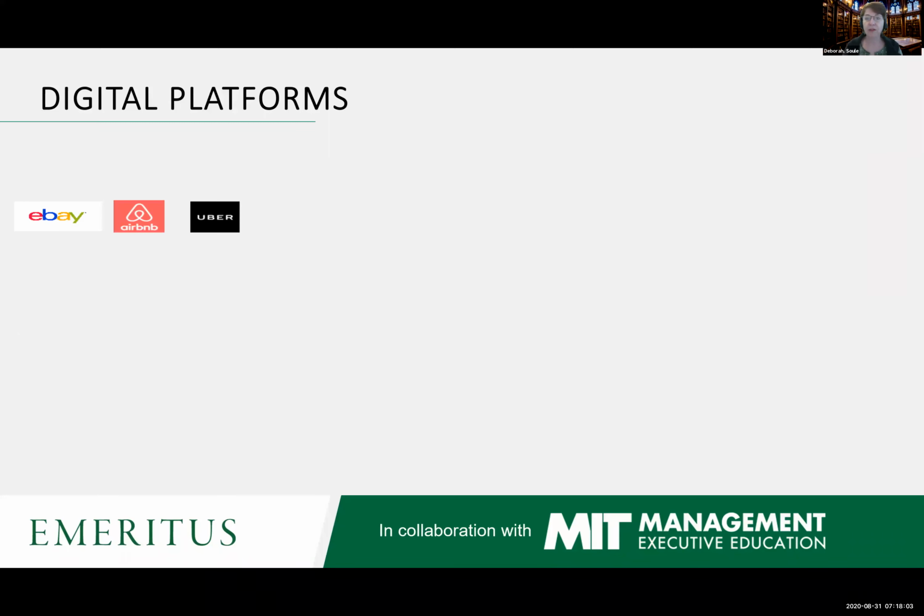We have some that you may be very familiar with. eBay is a platform business that connects people who have something to sell and people who want to buy something.